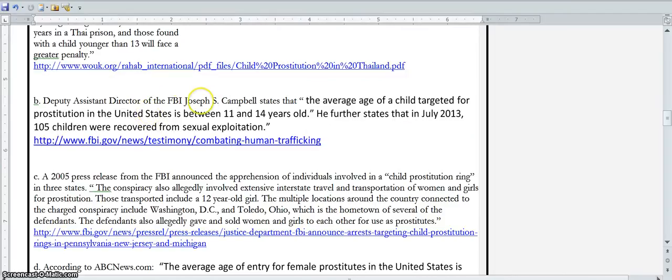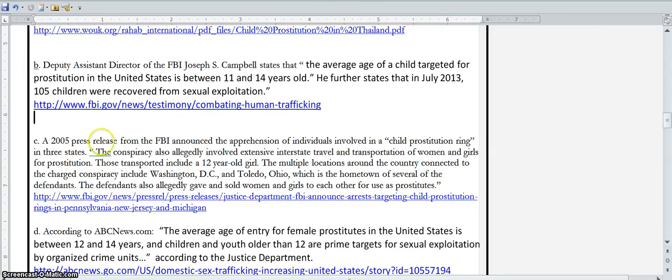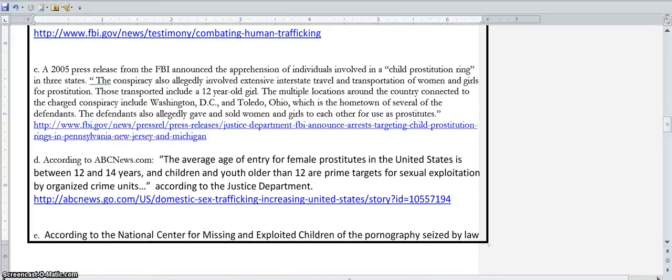A Deputy Assistant Director of the FBI states, and here's a statistic about children targeted for prostitution in the U.S., that 105 children were recovered in just July 2013. 105 children were recovered from sexual exploitation. Here's another one. A 2005 press release from the FBI announced the apprehension of individuals involved in a child prostitution ring in 3 states.